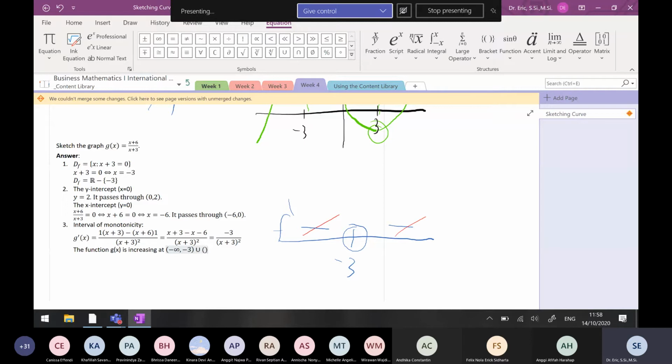But why don't you just unite them? You can't, because at -3 the derivative is not there. We usually call this a singular point, because g doesn't have a derivative at -3.